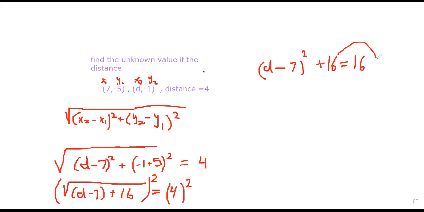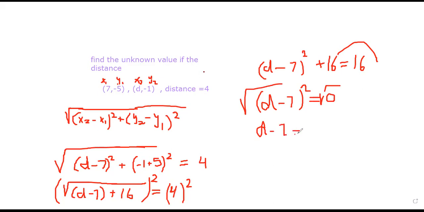I will move 16 to the opposite side, so I have d minus 7 all power 2. 16 minus 16 equal 0. Square root to remove power 2, then d minus 7 equal 0. Then what is the value of d which will make this equation equal 0? 7. Then if you substitute now the value of d by 7, then the distance between the 2 points will be equal 4.